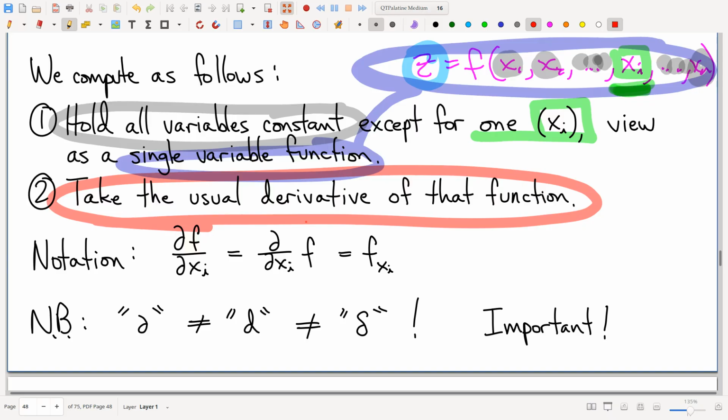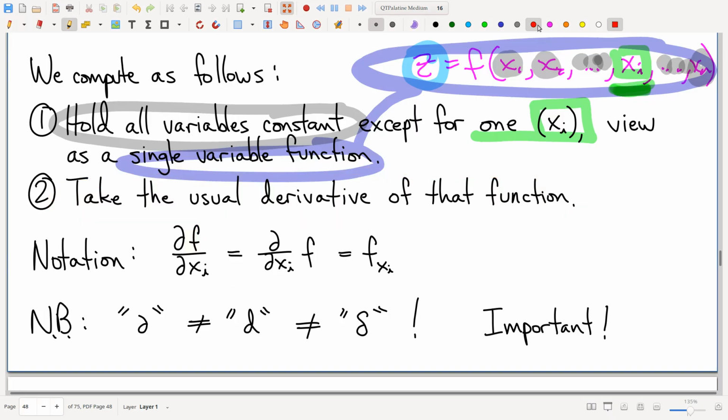Before we get into a computational example, let me describe the notation for this. So this is one of the notations. You can, kind of like in single variable, view this as being a separate thing that you then apply to f, thus giving you this other notation. You've probably seen things like that in single variable calculus.